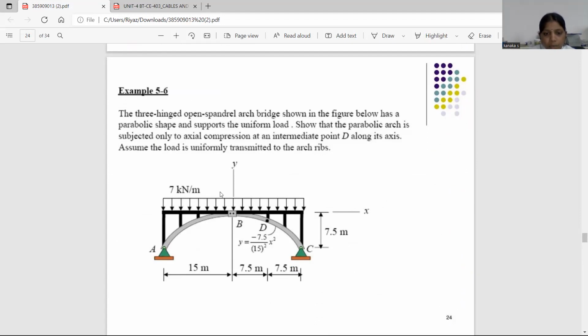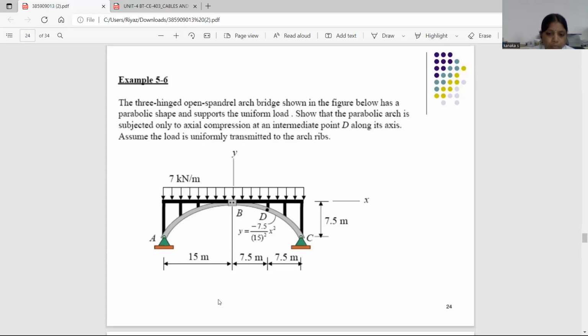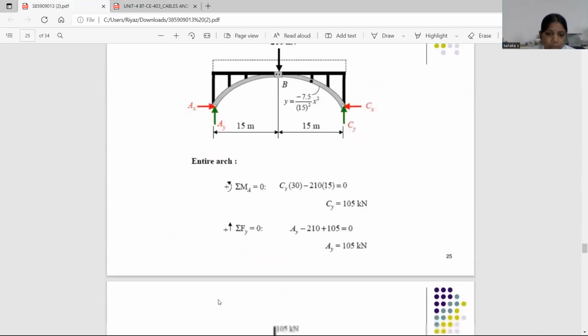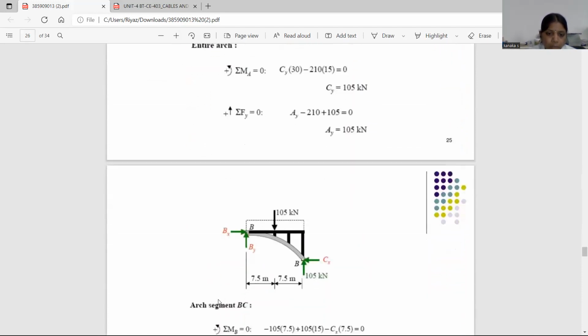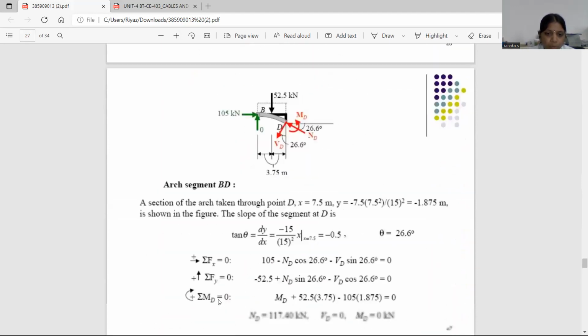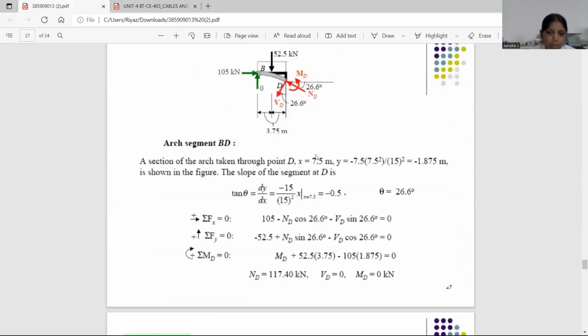So overall UDL over the entire span is 7 per meter. So both ends are hinged. Find out the values of reactions at A and B, and find out the moment and forces, and tan theta equal to dy by dx.